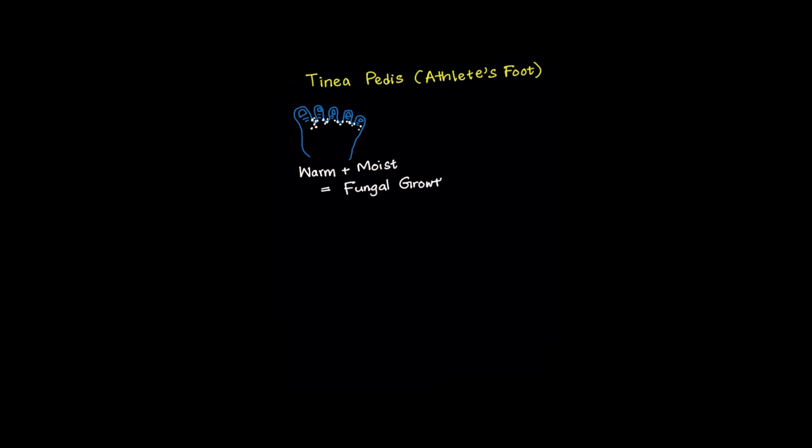Let's explore why washing and drying feet thoroughly is the priority intervention for tinea pedis in diabetic patients. Tinea pedis, or athlete's foot, is a fungal infection that thrives in warm, moist environments like the spaces between toes. The fungus needs moisture to survive and multiply, so removing that moisture by thoroughly washing and especially drying between each toe creates an inhospitable environment for fungal growth.